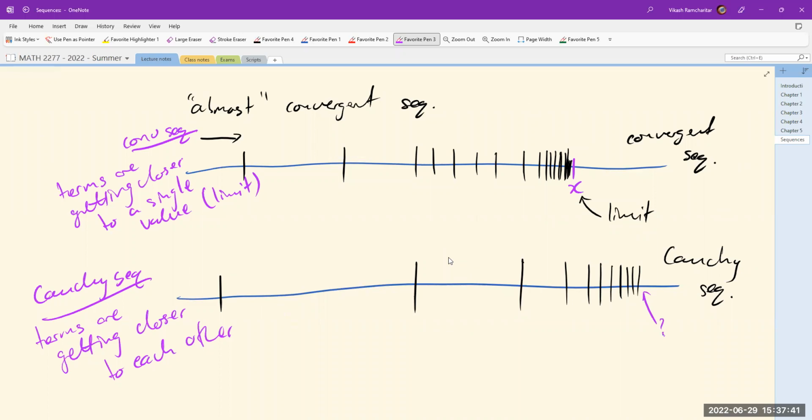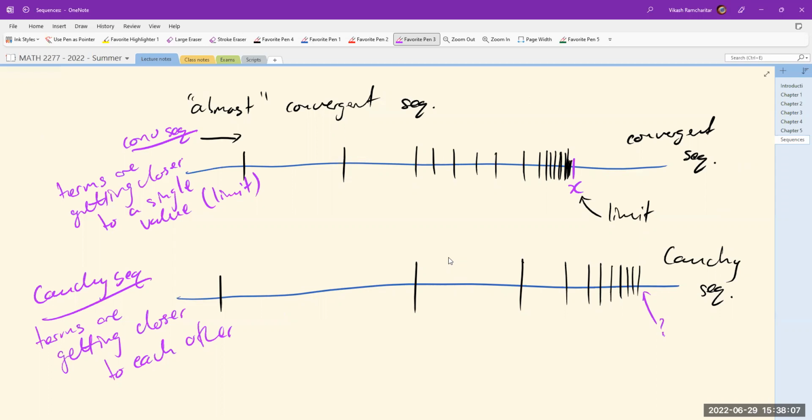But if you're going to take away just one point from today's class, it's what's on your screen right now. A convergent sequence means the terms are getting closer and closer to one specific value, the limit. A Cauchy sequence means that the terms are getting closer and closer, not to a single value. There's no mention of a single value.